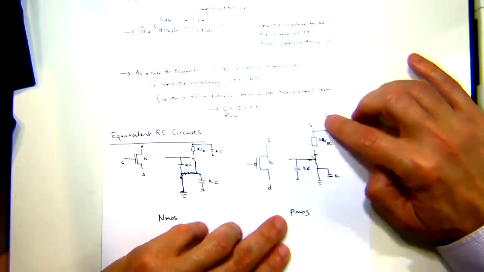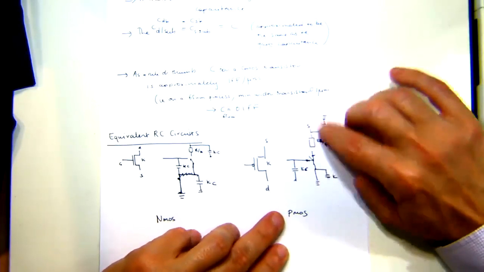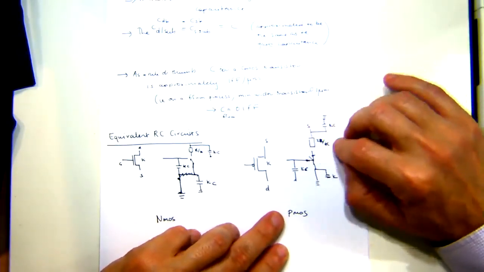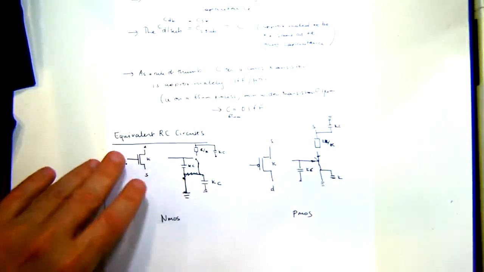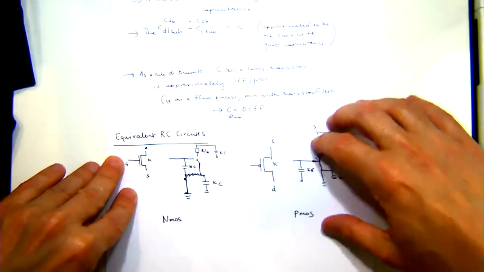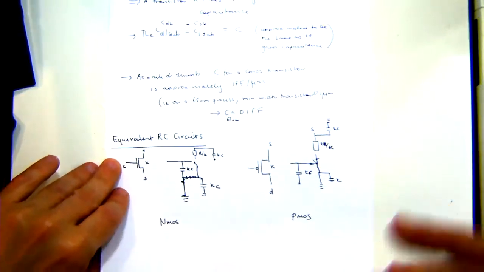Likewise, for a PMOS, everything's the same except the resistance here is 2R on K, because we said, remember, the mobility is half that of the NMOS device, so we're approximating the resistance as being twice as large.